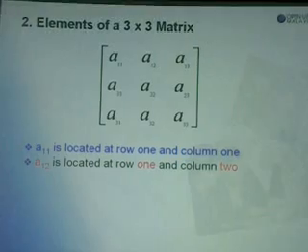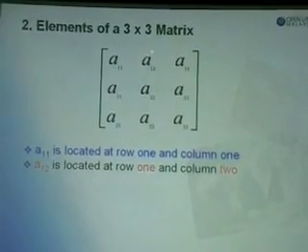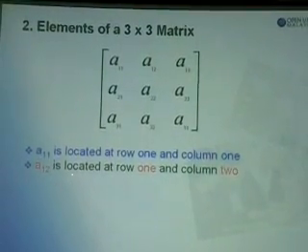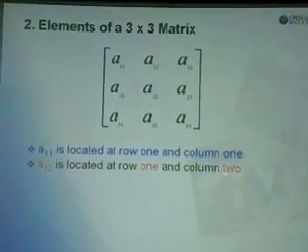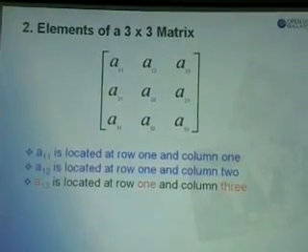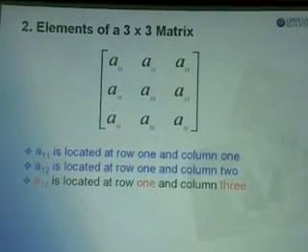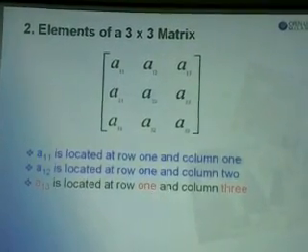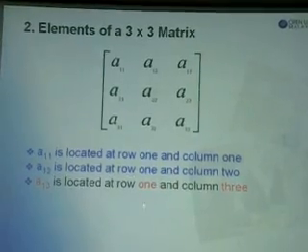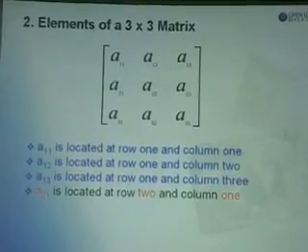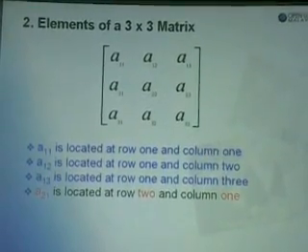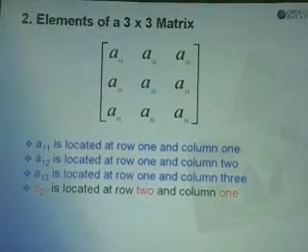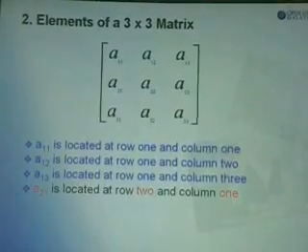Next, A12, which is here, is located at row 1 and column 2. Next we have A13, which is located at row 1 and column 3. The same goes for A21, located at row 2 and column 1.